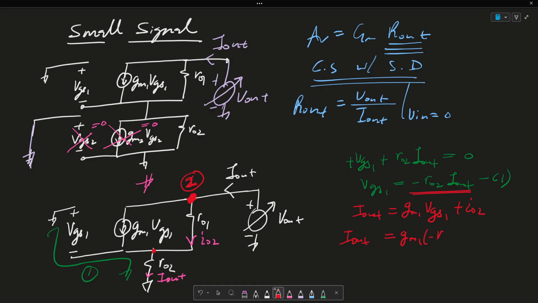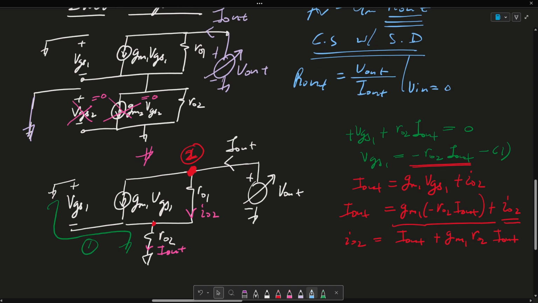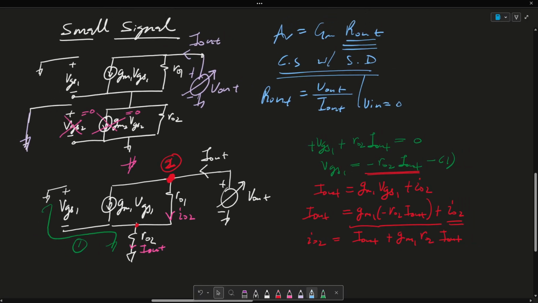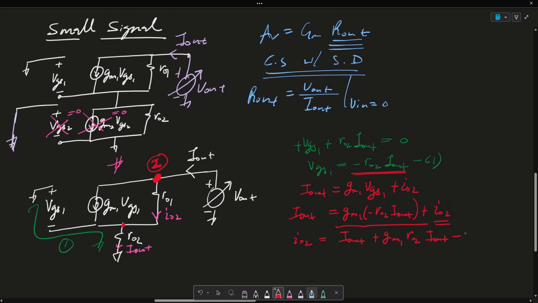This becomes negative RO2 times I out plus IO2. Let me go ahead and solve for IO2 by moving this term to the left-hand side. So IO2 is simply I out plus GM1 RO2 I out. Let me call this equation 2.